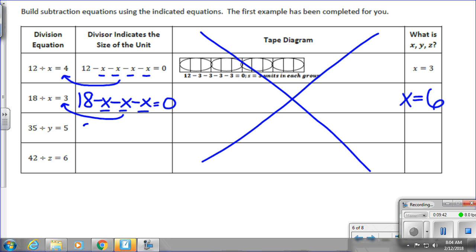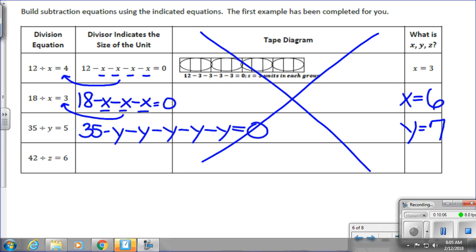The next one. 35 minus how many x's? 5. Well, actually, this is y's. These are y's, sorry. 1, 2, 3, 4, 5. Don't forget to set it equal to 0. And what is the value of the y's? 7.